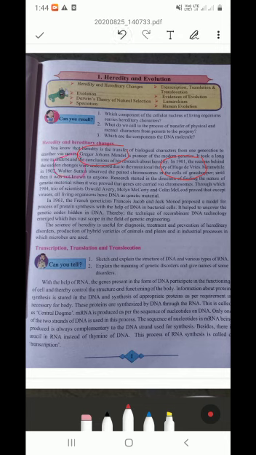When this was known to everyone, the study started in the direction of what heredity is about.